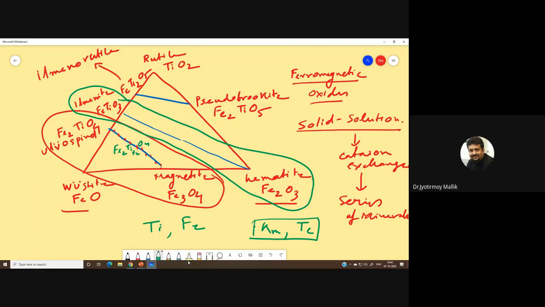Ulvospinel and magnetite have a similar type of susceptibility and Curie temperature, but by changing the titanium, you can slightly modify it. The same is true for ilmenite and hematite, hence it is called the ilmenohematite series.